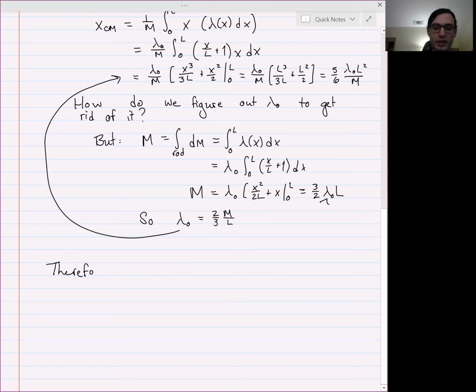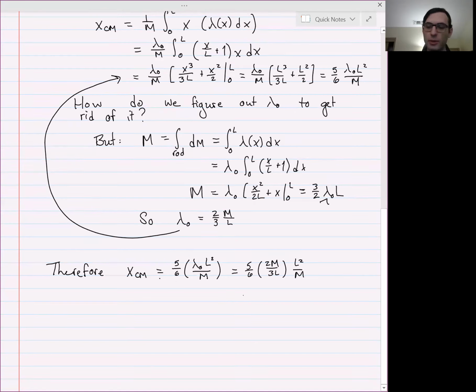And what we find is that the x position of the center of mass is 5/6 lambda naught L squared over m. I'm missing a squared, which is equal to 5/6, well, lambda naught is 2m over 3L times L squared over m.